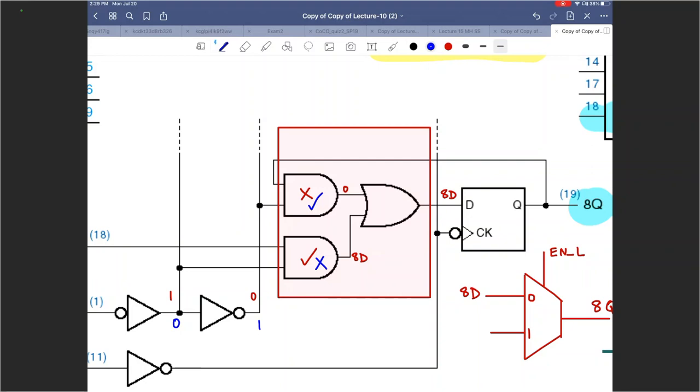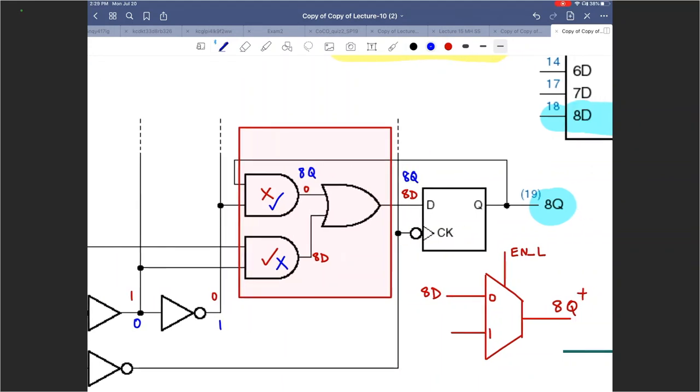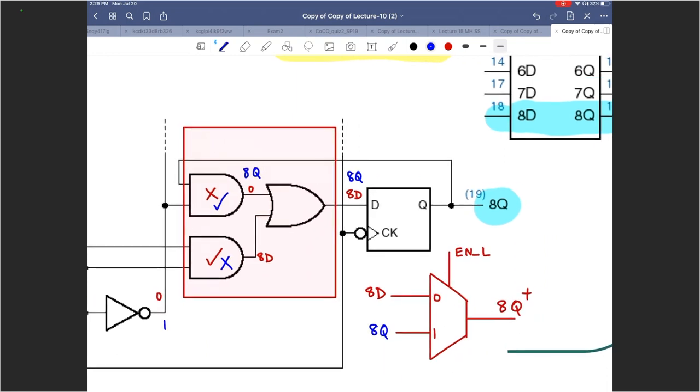So this is 8Q. What does that mean? That means the new state, next state, is the same as the previous state for that 8th bit.